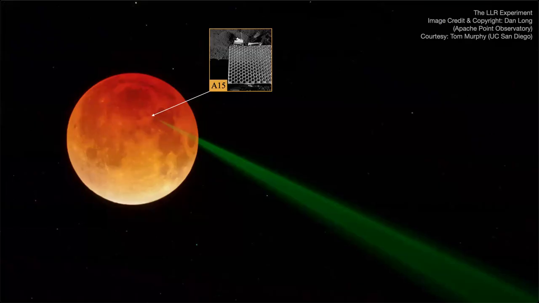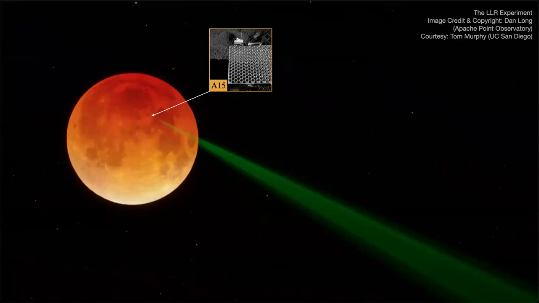This is just a beautiful visual for you to really absorb. You can see the laser pulse in this particular case is shooting, they're trying to bounce that laser pulse to the A15 reflector, which is the Apollo 15 mission. You must have heard about it. It's one of those missions where we also had astronauts go there.